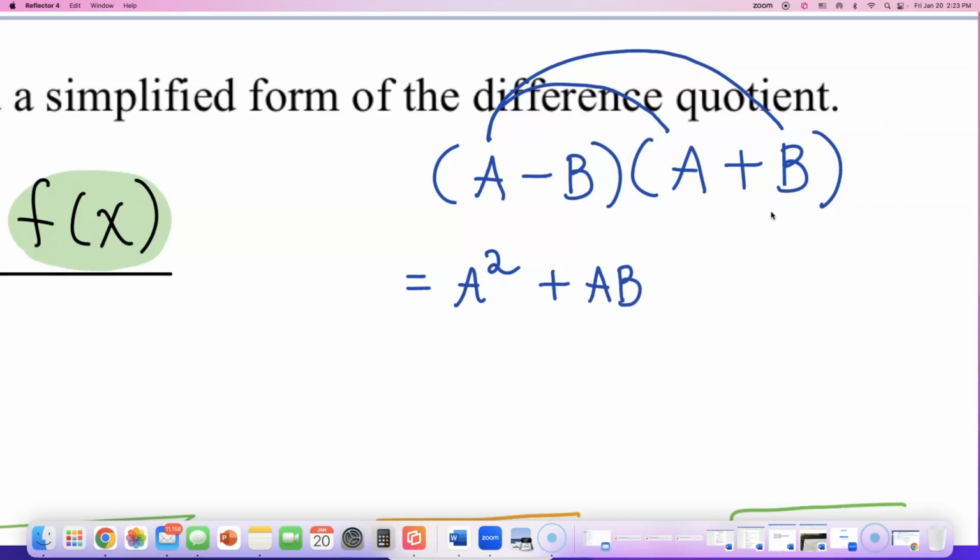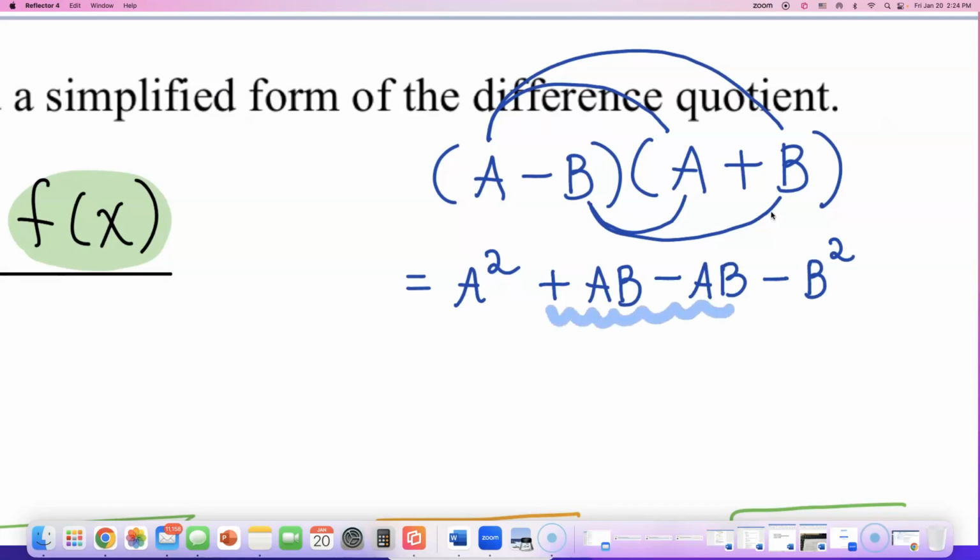If you do negative b times positive a, that's going to be negative ba, but we can switch the order of multiplication, right? And lastly, negative b times positive b is negative b squared. So notice that these middle terms, positive ab and negative ab, cancel out. So the only thing left is a squared minus b squared.